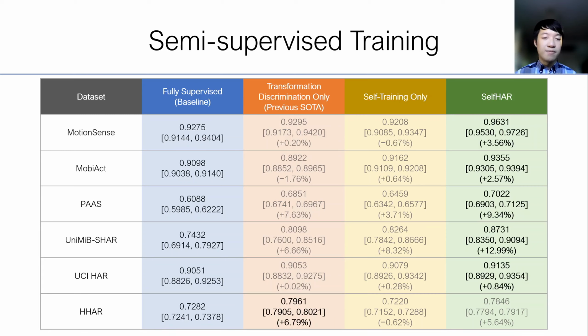Also, out of 6 datasets, our SelfHAR pipeline was able to outperform the previous state of the art in 5 of them. And the one case that didn't outperform it, it didn't fall behind by a large margin. And we believe that it could be due to the HAR dataset having multiple different devices that might affect the performance of the self-training component of our pipeline.